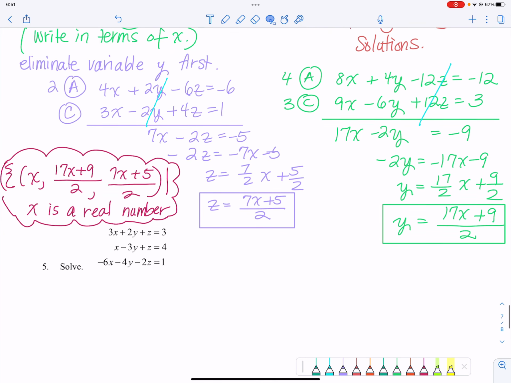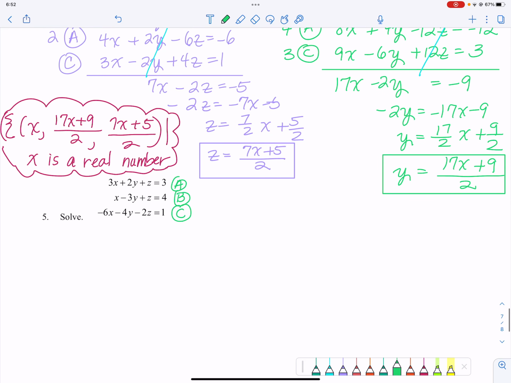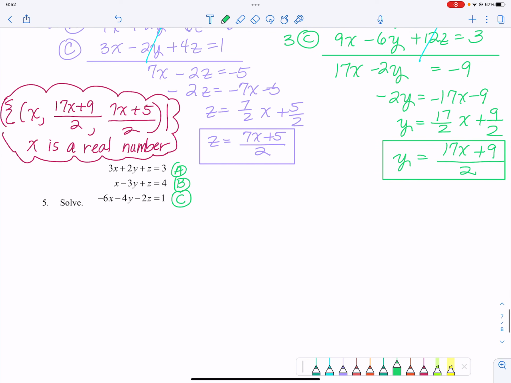Okay. Looking at number 5, we have a system of 3 equations, and we're going to go ahead and write these as A, B, C. We don't have any rearranging to do, and we'll begin with A and B. So I'm going to multiply A by a negative 1.